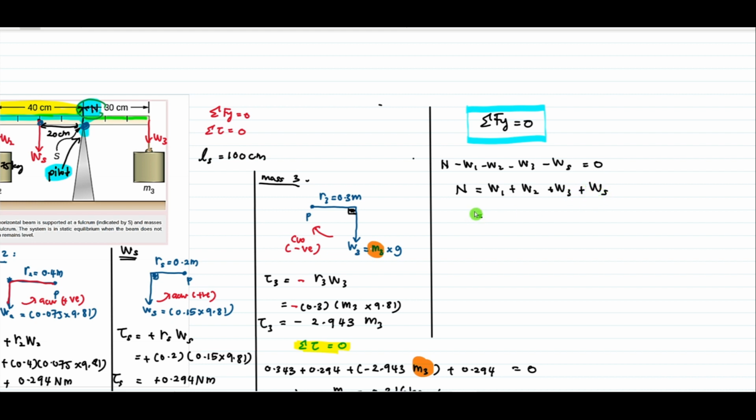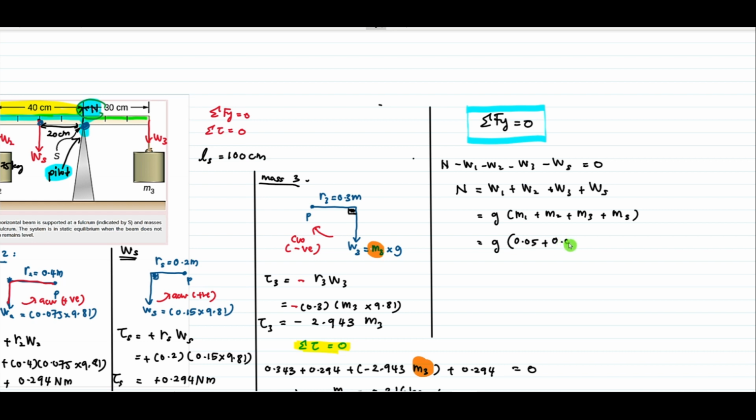And then normal force is equal to, kita kira lah. Semua ni akan darabkan dengan G kan. So saya akan factorizekan G. Saya tulis satu-satu lah untuk awak. So G, M1 plus M2 plus M3 plus mass of the stick. So M3 kita dah kira dah tadi nilai dia. So kita boleh masukkan nanti. Okay. So M1 is 0.05 kg.